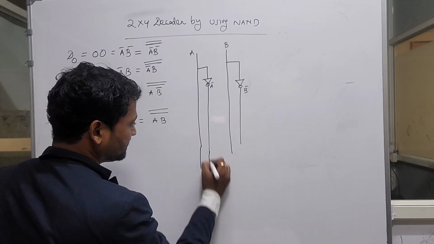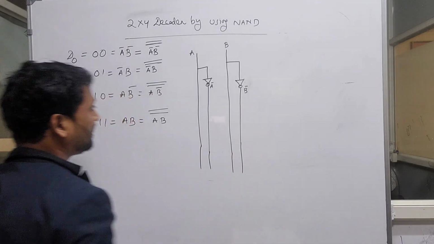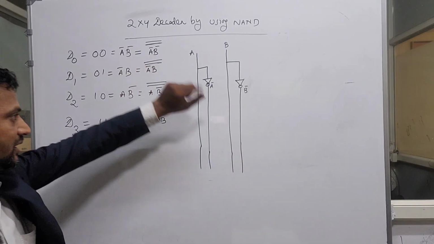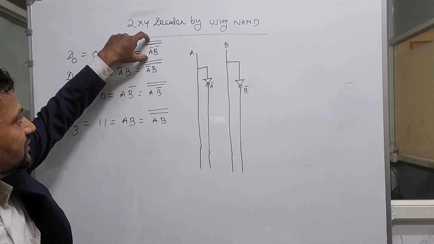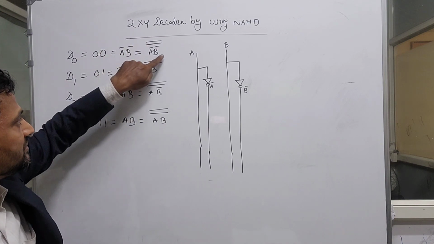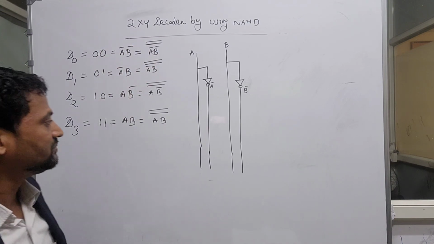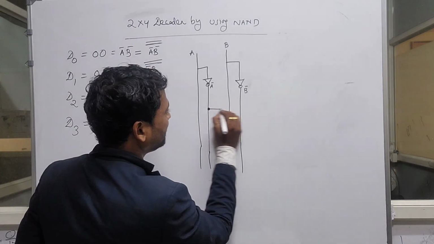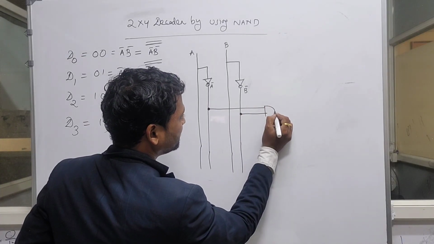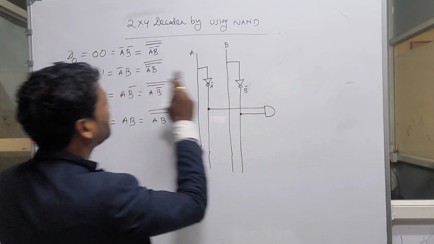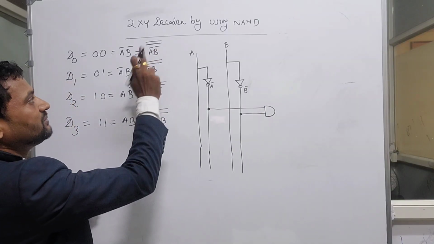That means we have to take a gate for this expression. First we need A bar B bar, A bar into B bar. So I can take one line from A bar here, another line from B bar. So what does this circuit give? This circuit gives your A bar B bar.